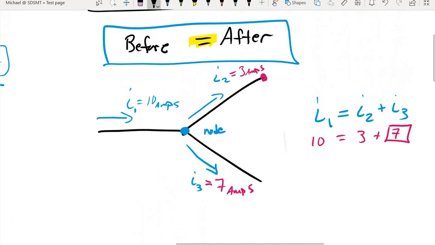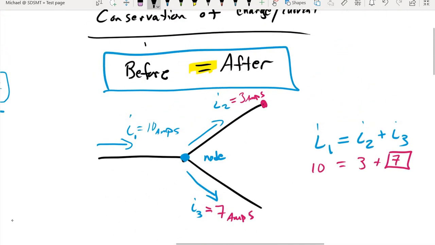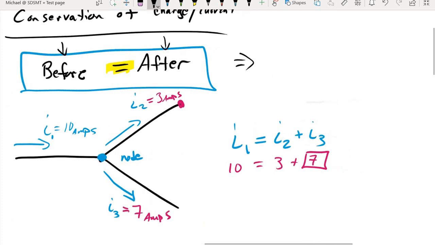Remember that what we start with before is what we get after. We could take that expression and rewrite it to say something more useful to us, like any current that goes into the circuit is going to have to equal current that comes out of the circuit.